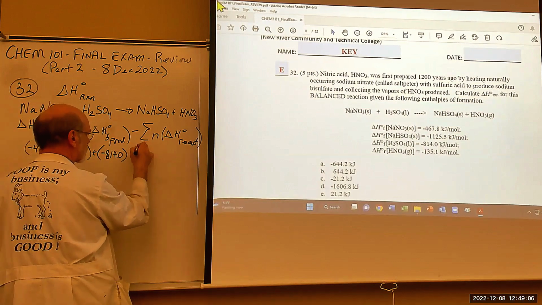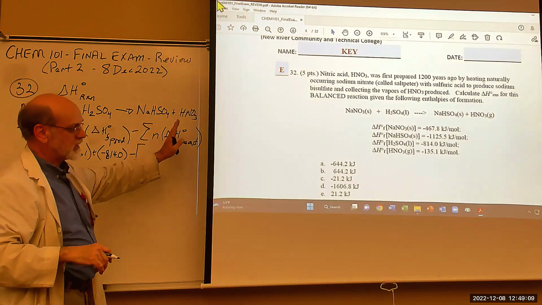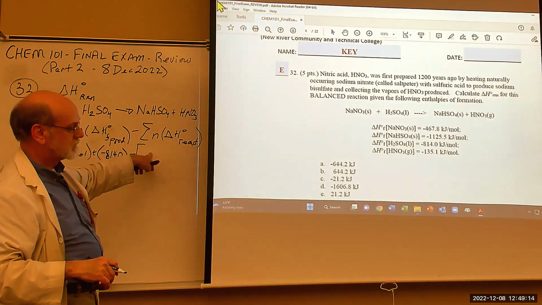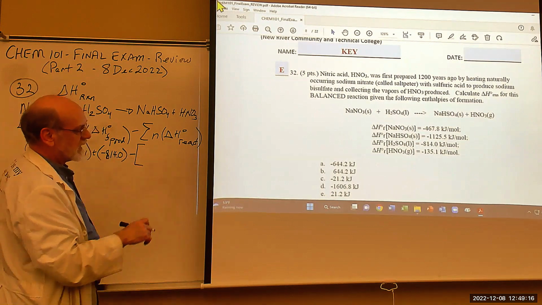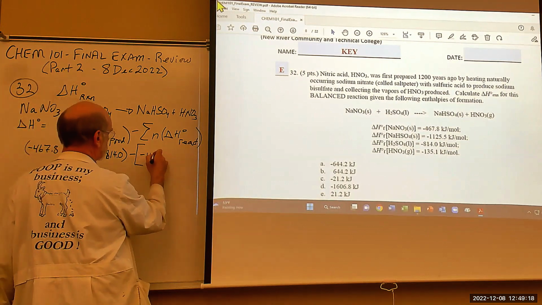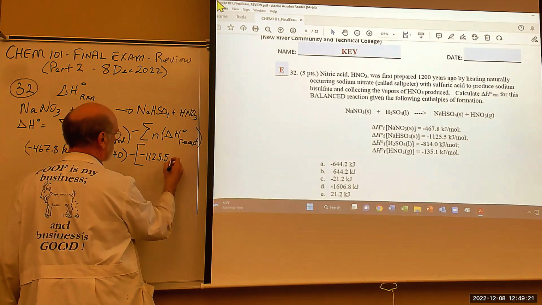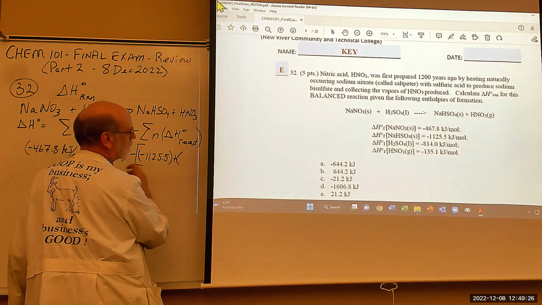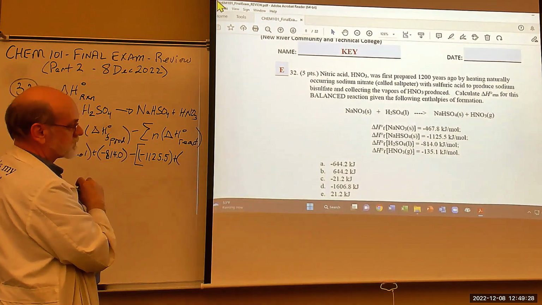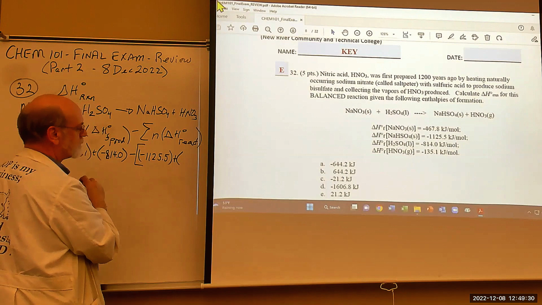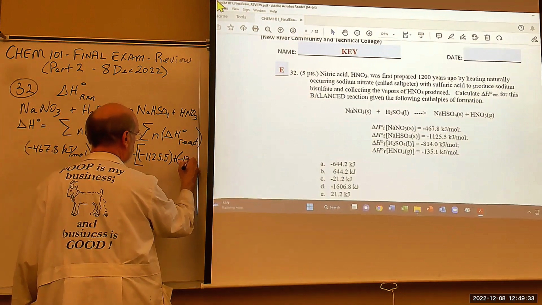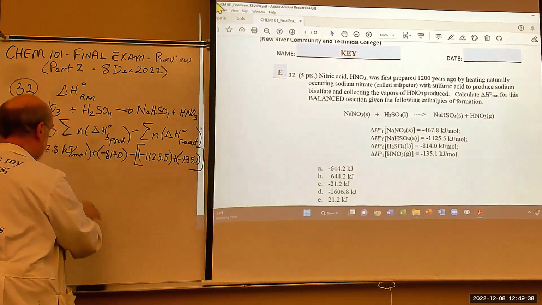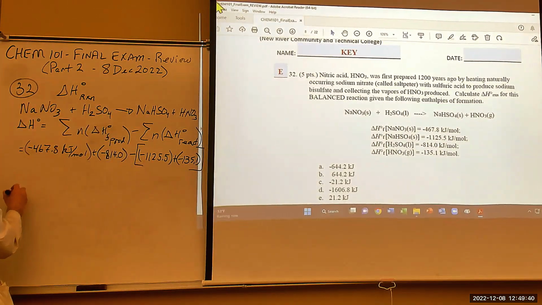And then we subtract whatever is inside the equation on this side. So we need sodium bisulfate, minus 1125.5. And then we add to that the last one, which was nitric acid, minus 135.1. There we go. Okay, so all we have to do is resolve that equation.